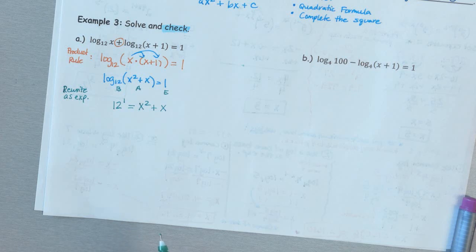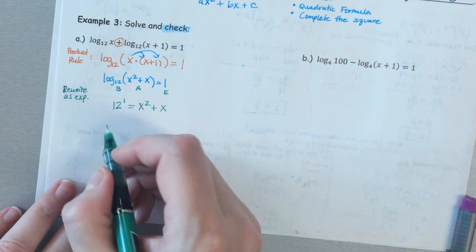Do you have a guess? What do you guys think? It's okay to be wrong. We're going to rewrite it so that we can factor. So how do we have to rewrite it?